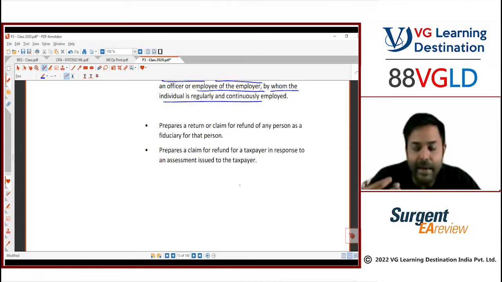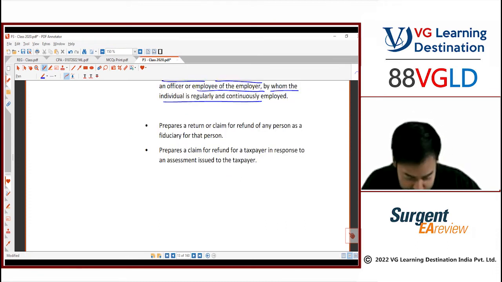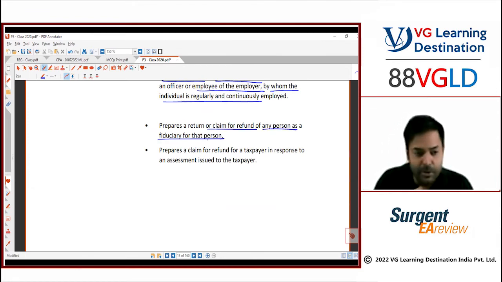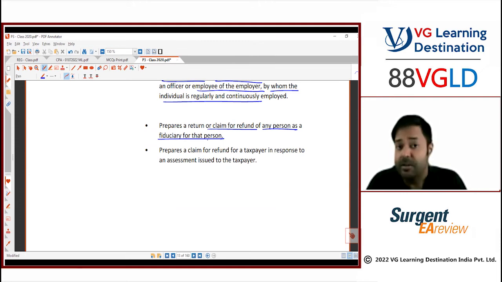So if you're working as an employee, you're not a TRP in this case. Or preparing a return or claim for refund as a fiduciary for that person. Basically we are talking about the trust and trustee, or the executor and the estate in that case.